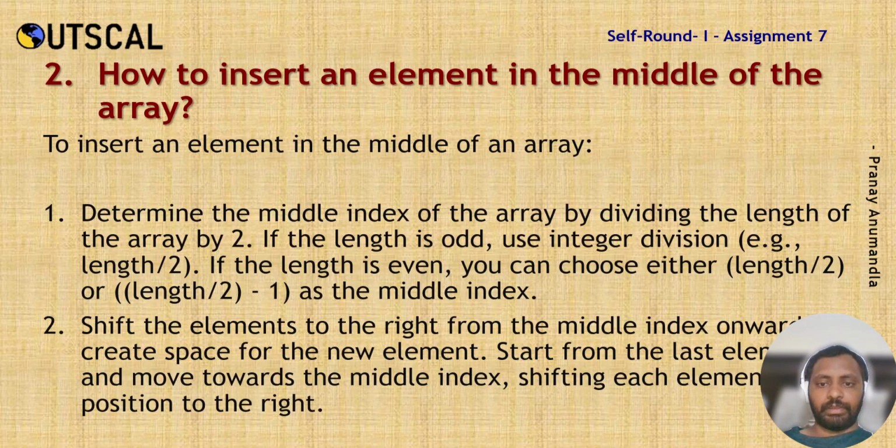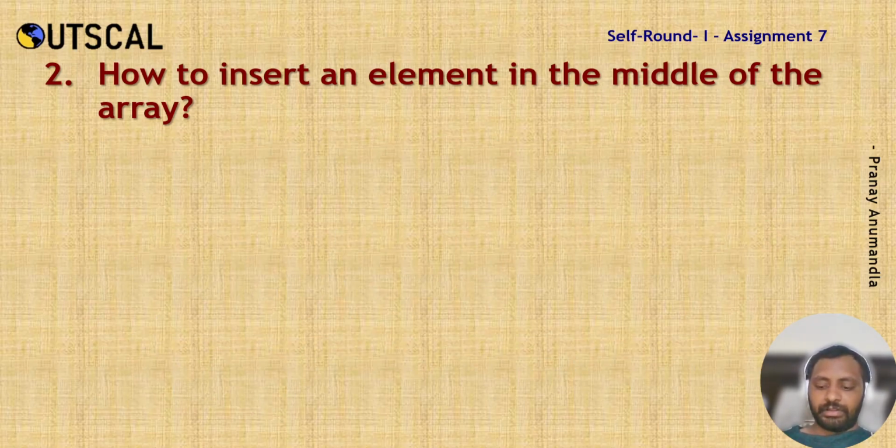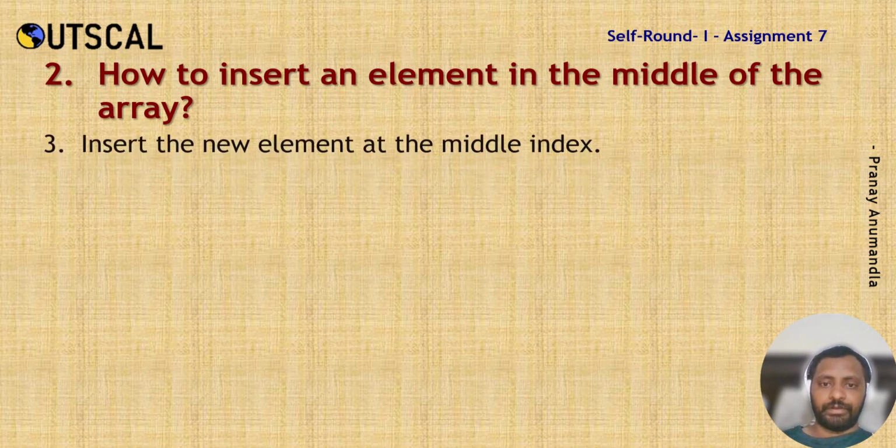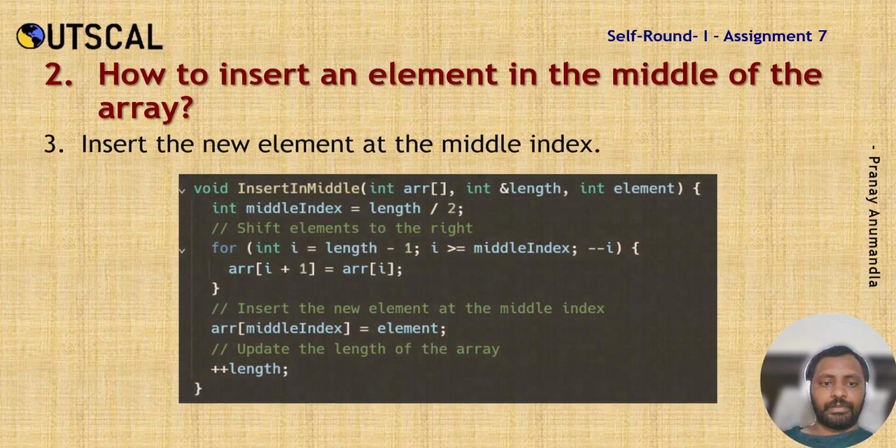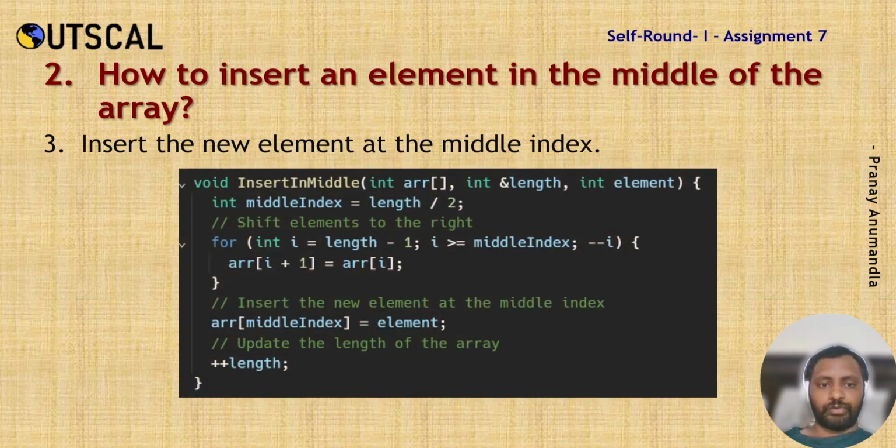First we determine the position of the center element, then we shift all elements one step forward towards the right, towards the end. Then we insert the new element in the space we created in the middle. This is how we write the program to insert a middle element.